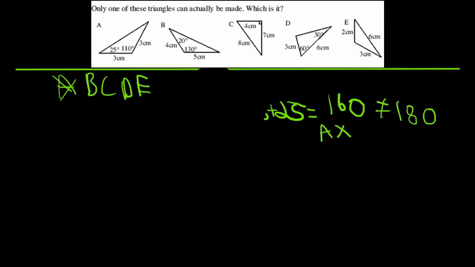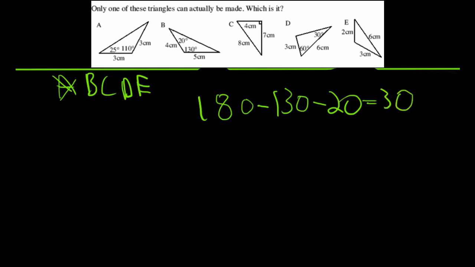Okay, so next we'll look at option B. The first thing that we have to do is work out the missing angle, which is 180 minus 130 minus 20, which is 30.